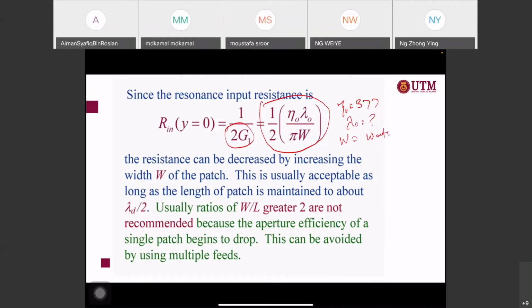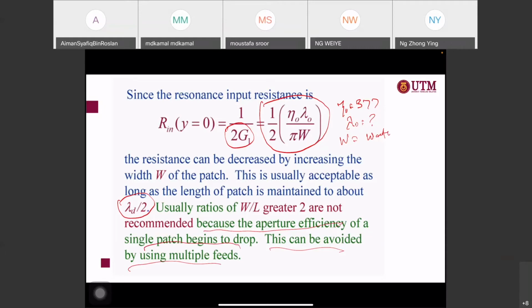For example, R_in is equal to 1 over 2G1, where G1 is represented by this particular equation. The resistance can be decreased by increasing the width of the patch. This is usually acceptable as long as the length of the patch is maintained at about lambda over 2. Usually a ratio of W over L greater than 2 is not recommended because the aperture efficiency of a single patch begins to drop. This can be avoided by using multiple feeds.